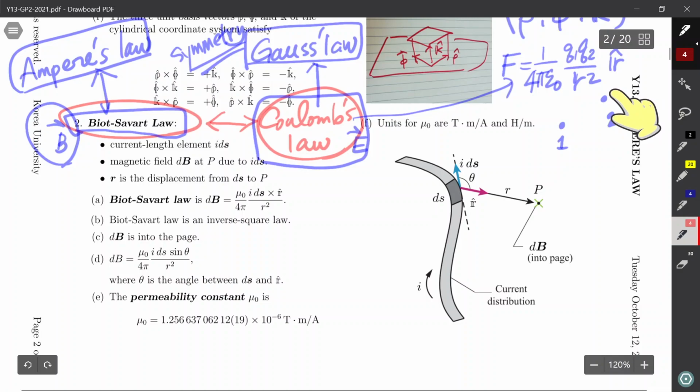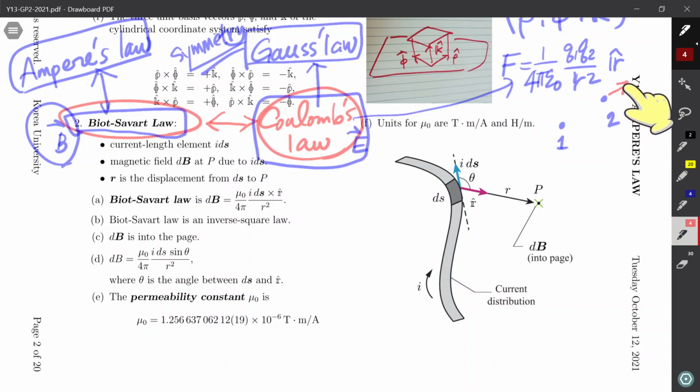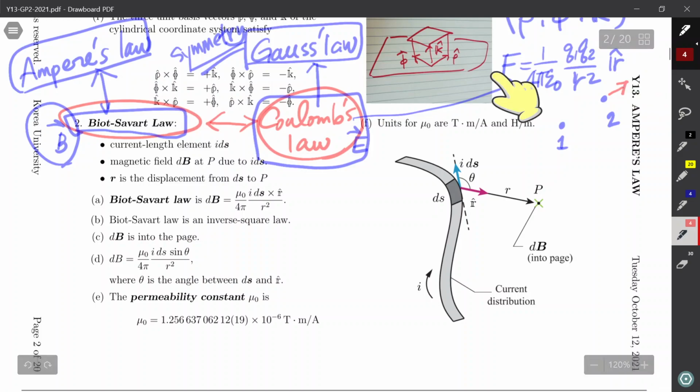For the force applied to particle 2 from 1, this is the direction. This is the direction for the force on particle 1 from 2.